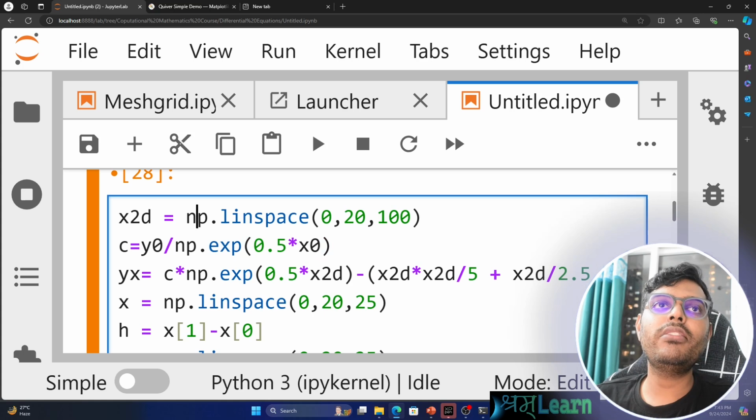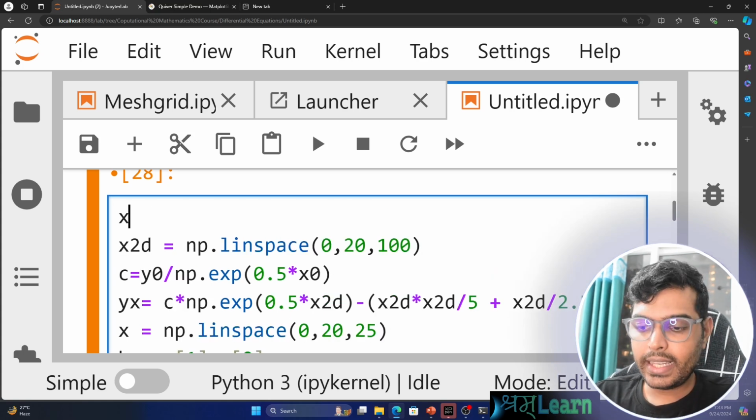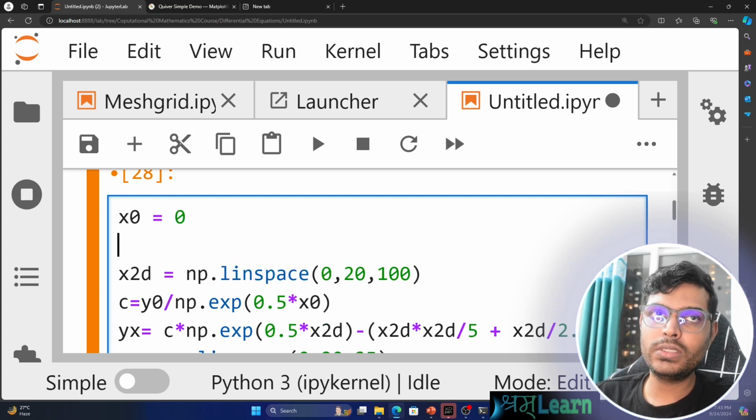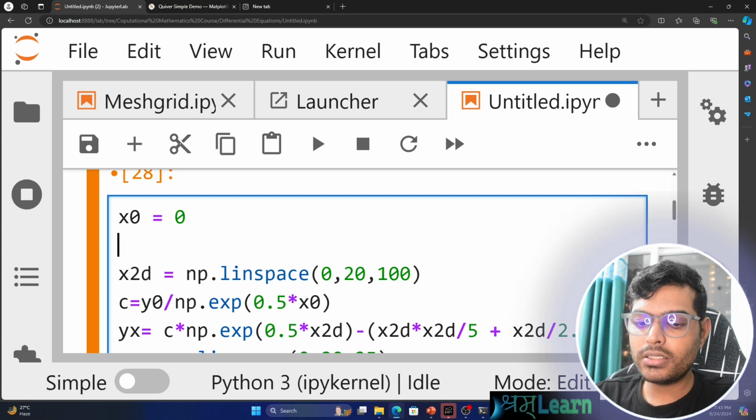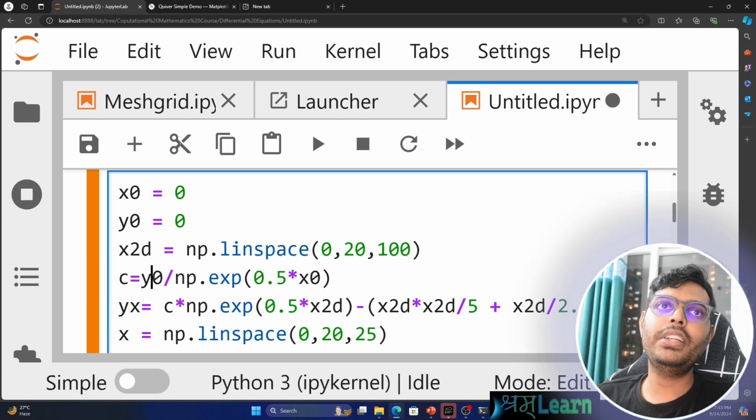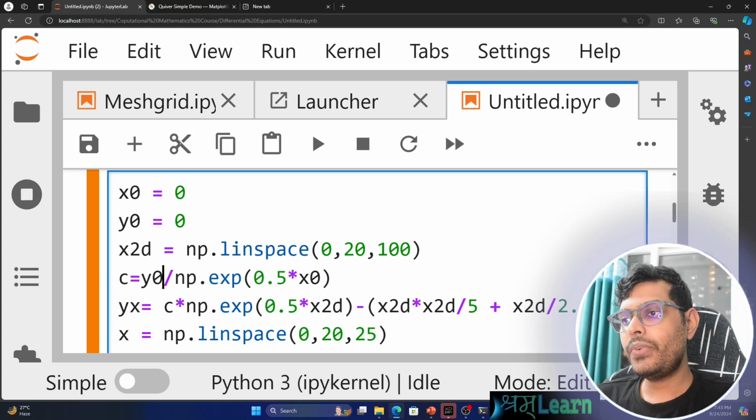So x0 and y0 happen to be the initial condition. x0 is equals to, let's suppose, 0, and y0, let's suppose, that is also 0. So basically in your equation you are setting x0 and y0 to 0, right?